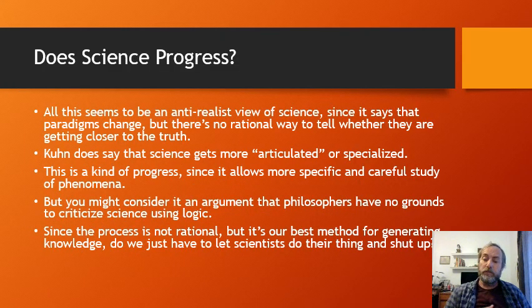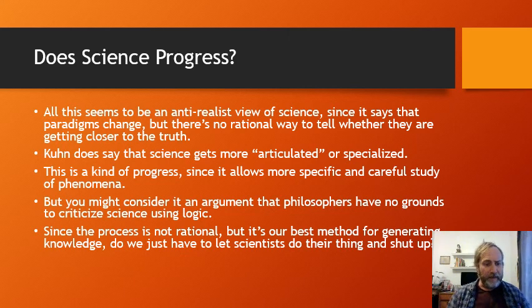Okay, so if all that is the case, then is there even such a thing as scientific progress? Because we don't seem to have any rational way to decide which theory is the best, because if you're in the paradigm of your theory, there's different rules for what counts as a good theory, which seems to imply that there's no rational way to tell whether a new theory is any better than an old one, whether it's getting any closer to the truth.